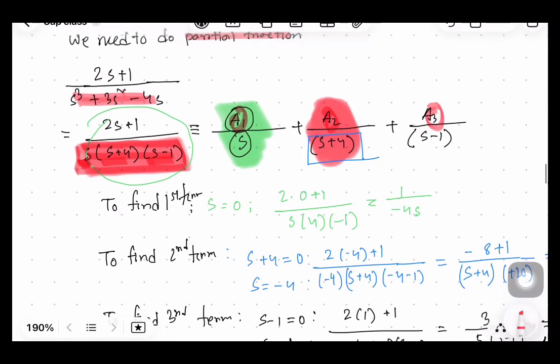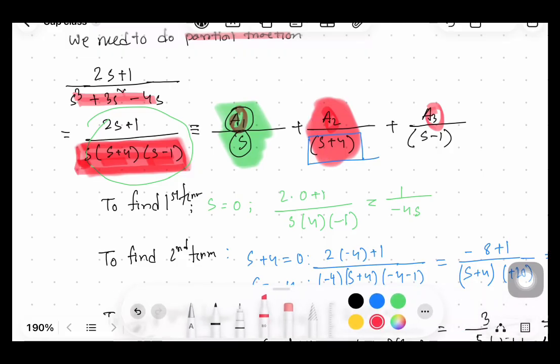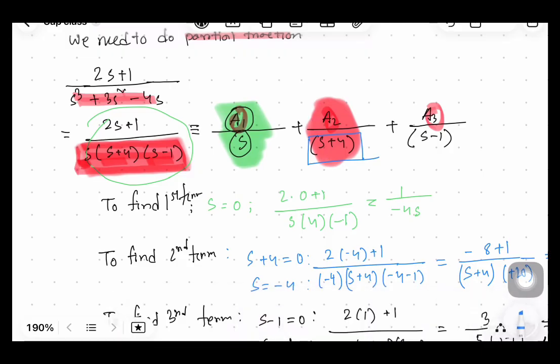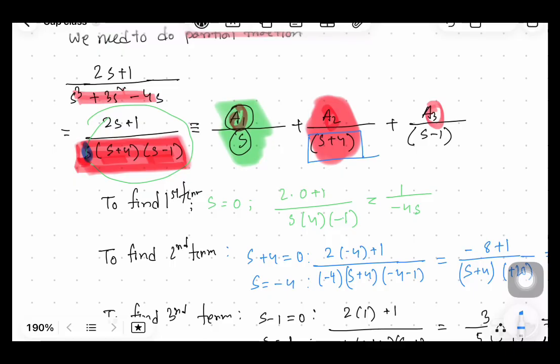To find them, since there are three terms, we will first consider the first factor, s. We put s equals 0 into the equation, except for the first term, which we keep undisturbed, as we are considering s equals 0.